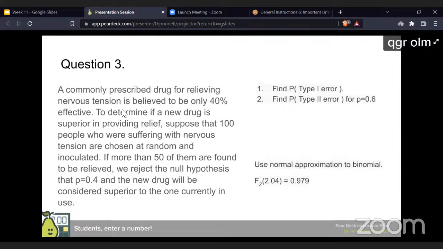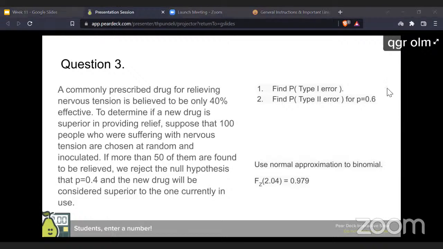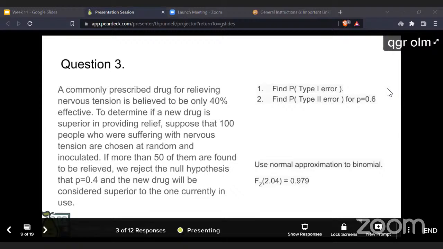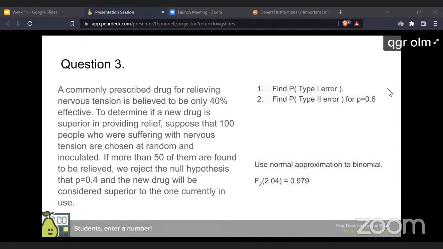So initially our belief was that P is 0.4. So we want to check whether P is greater than 0.4, right? This is what we want to test, that P is greater than 0.4 or not. So we got our null to be P equal 0.4, and our alternative to be P greater than 0.4, because this is what we want to check.